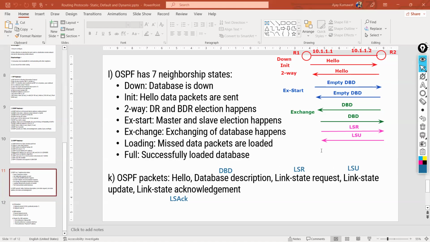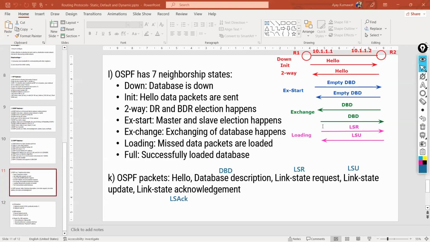So this time they are completing the missing information, and they are preparing the routes. So this state will be known as Loading, when they are completing the missing information.